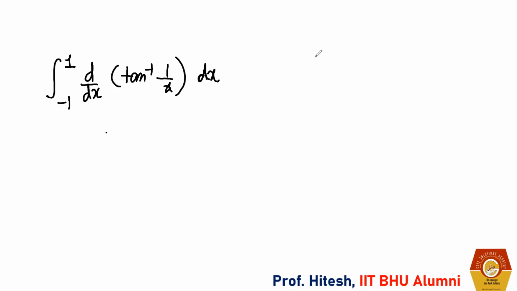Okay, so first let me solve the incorrect one, with the incorrect answer. So integration and d by dx will be cancelled. So you can write from minus 1 to 1, tan inverse 1 upon x. Integration is done. So you will put minus 1 and 1.